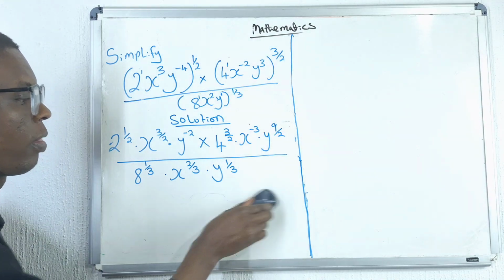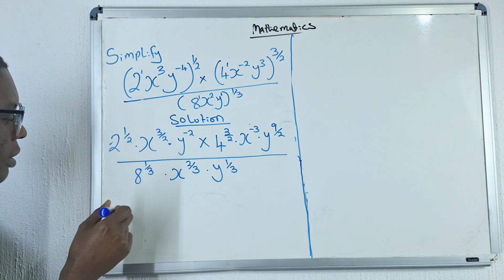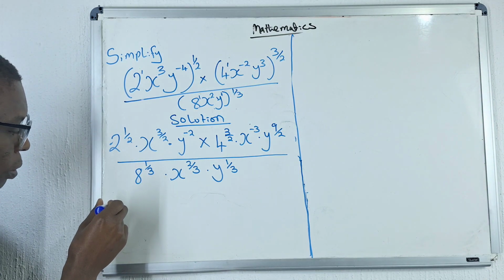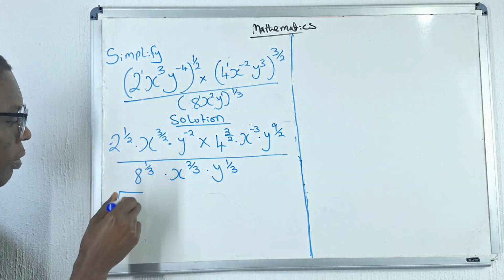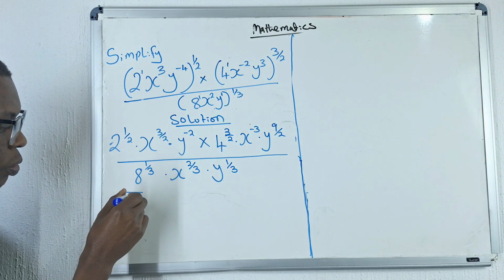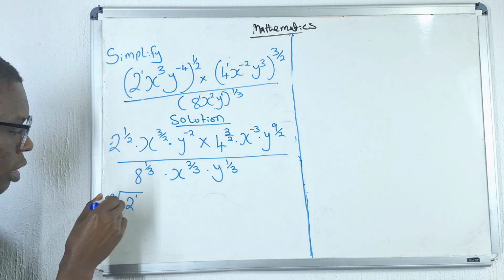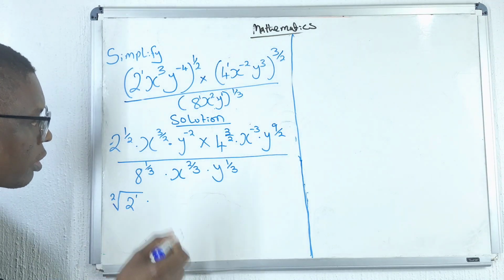Okay, so we will now have this. My base will come into the root form. My numerator, which is 1, will be written here, and my 2 here. Dot.